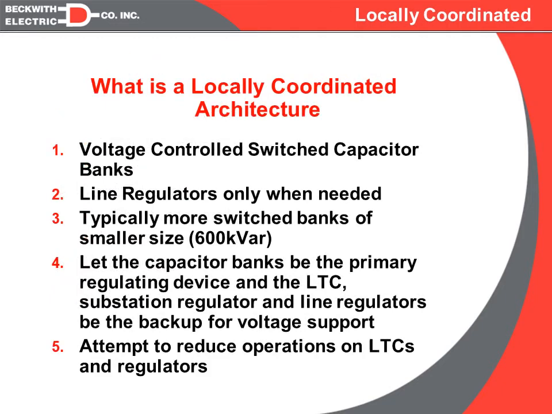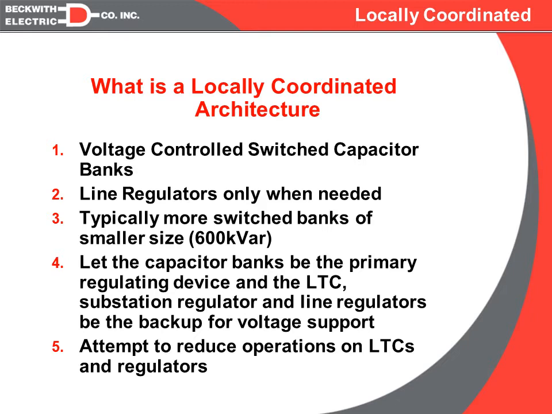So, the locally controlled architecture. In the locally controlled architecture, the premise is typically that we're going to try to control the voltage downstream by using a lot of switched capacitor banks. And we'll try to use line regulators only when we have very long circuits. Typically with the switched capacitor banks, instead of having 1 or 2 larger banks, we're going to have many smaller banks.